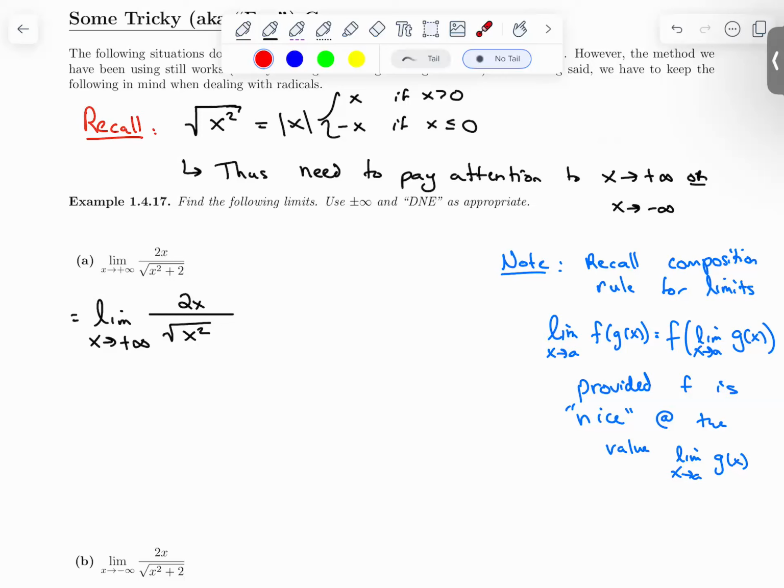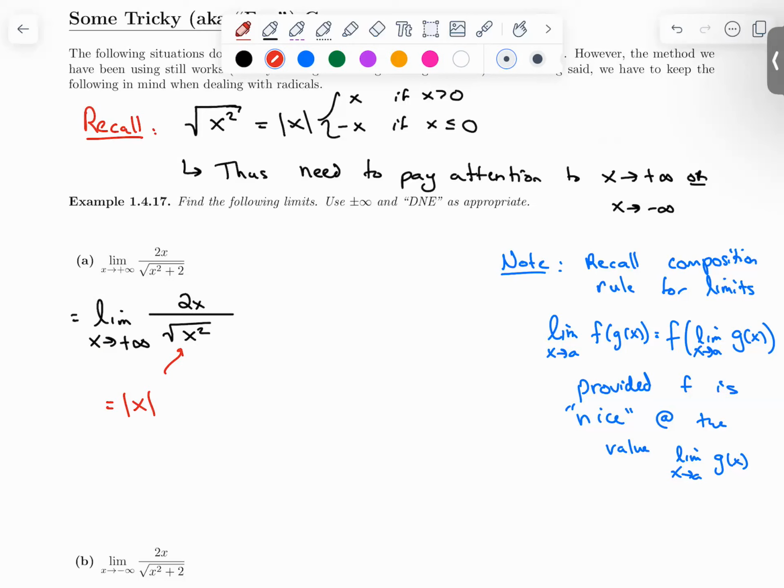That plus 2 does not do anything in the face of positive infinity. So we can ignore any of the smaller degree terms. And then that means that this is equal to the absolute value of x.